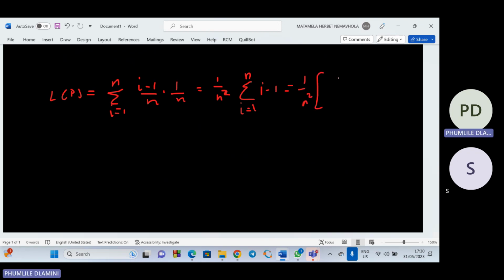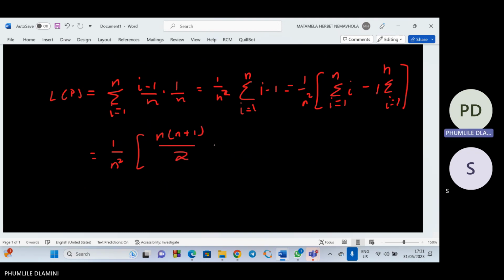We can put brackets: the sum of i from 1 to n minus the sum of 1 from 1 to n. We can just write 1 like that. So normally this sum, the answer will be 1 over n squared. This one we already know, I already proved it to you, is n plus 1 over 2, minus this one here. When you have n, if it's a constant, you multiply by n, it's just n.